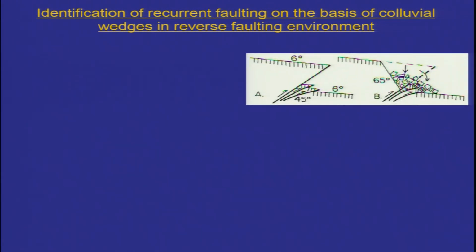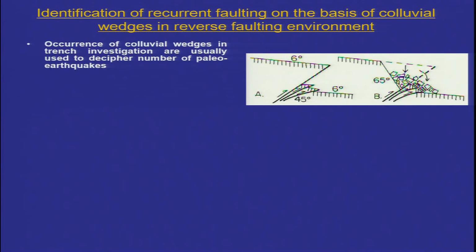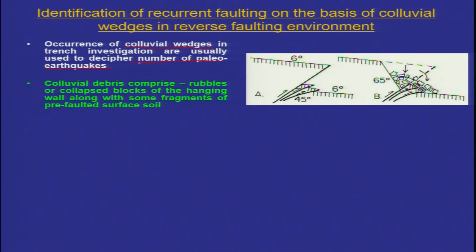Now, identification of recurrent faulting on the basis of colluvial wedges in a reverse faulting environment. One example we have already looked at in the normal faulting environment. So this is the case in the reverse faulting environment. The occurrence of colluvial wedges in trench investigations is usually used to decipher the number of paleo earthquakes.